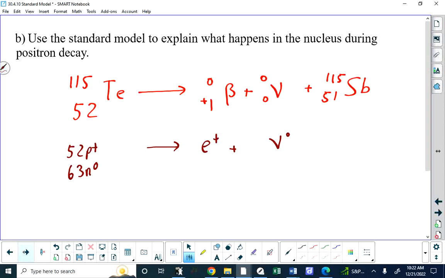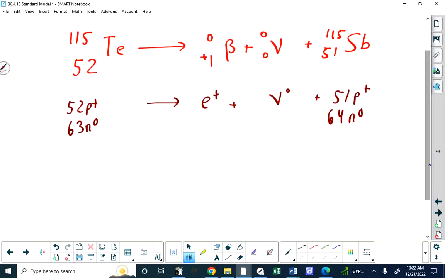And then over here, what do we have? We only have 51 protons, and we have one extra neutron. So the kind of intermediate explanation for what's going on here is a proton changes to a positron, a neutrino, and a neutron.